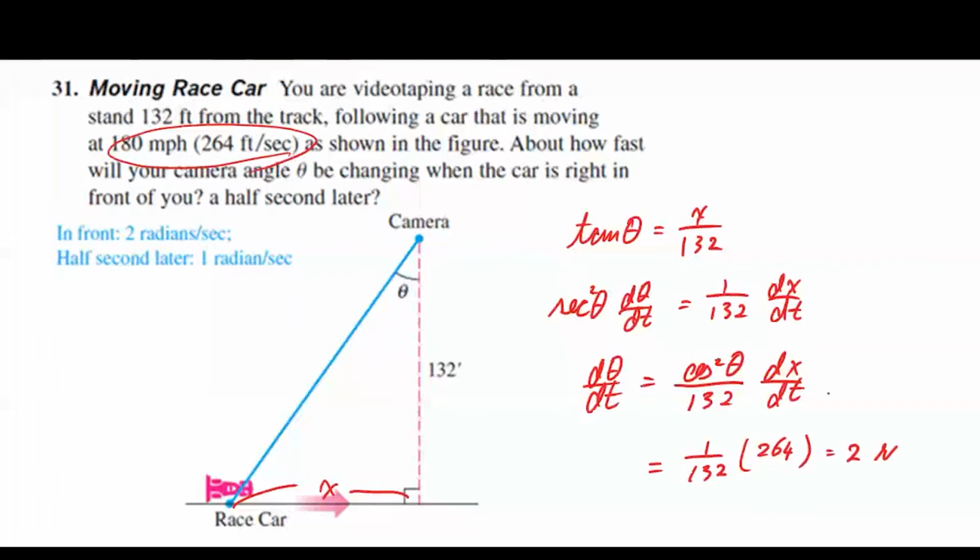Now, here's a little thing that I forgot. The little thing is that this x, the way it's drawn, is decreasing, right? So technically, we have to put a negative sign here and a negative sign here. But it's a context thing. Do you really want to put a negative sign or not? You know what I'm saying? So theta, the way it's drawn, is decreasing.